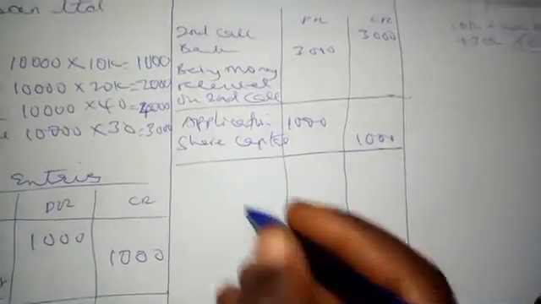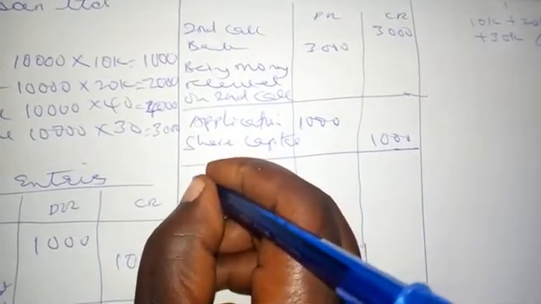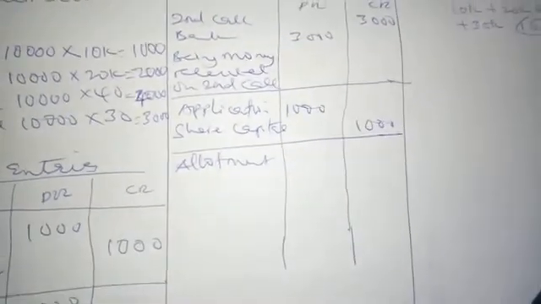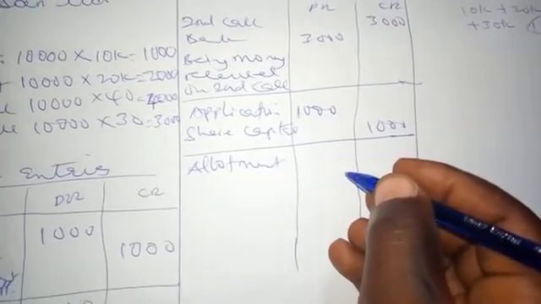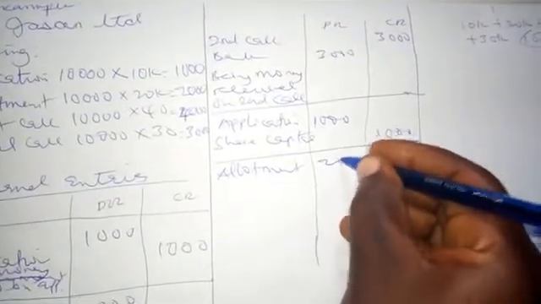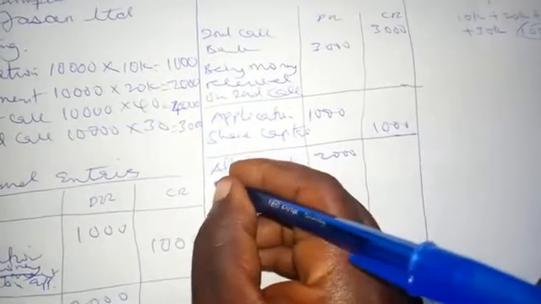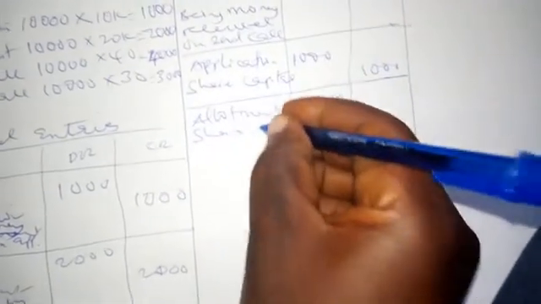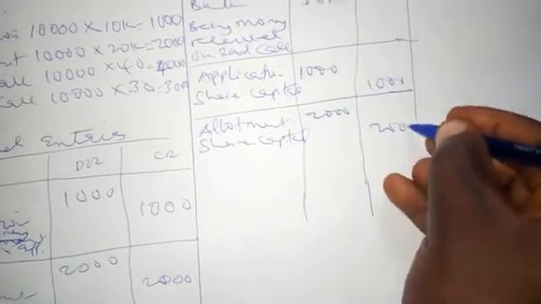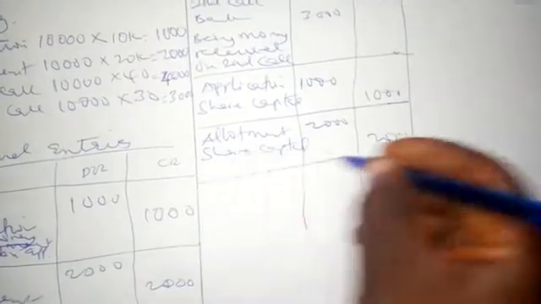Okay, the next one is allotment. You do the same thing with allotment. How much is for allotment? For allotment is 2,000 naira. Then you write share capital 2,000 naira. Close this one too.